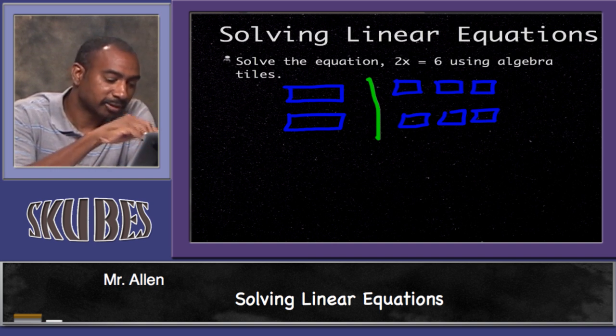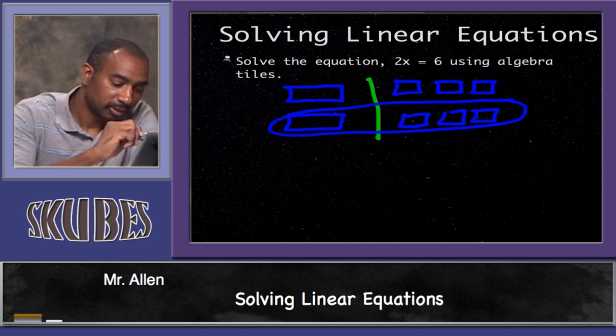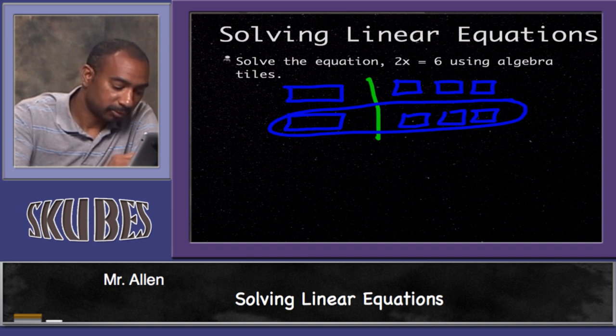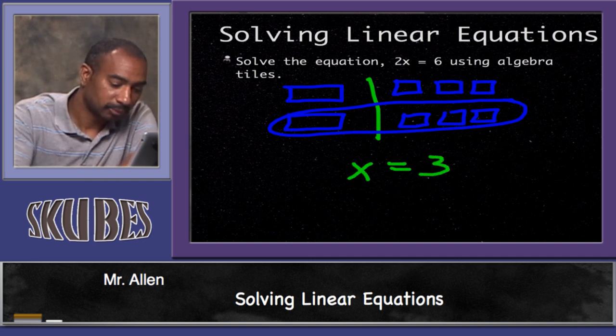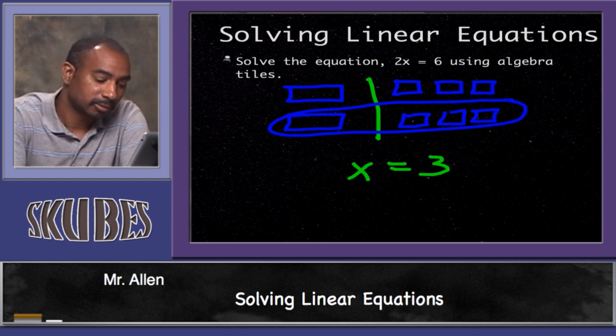But I need to know what 1x is. Well, one of these x's gives me 3 ones. So what that tells me is that x equals 3. I'm just grouping them. All I did was regroup the ones. And when you divide, that's what you're doing, grouping things together.